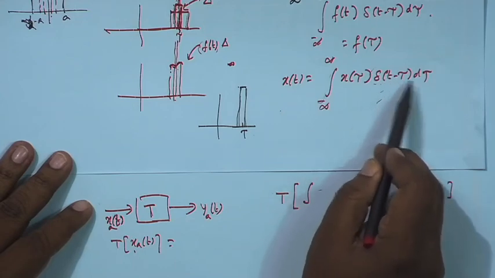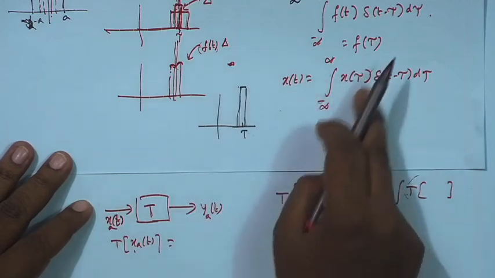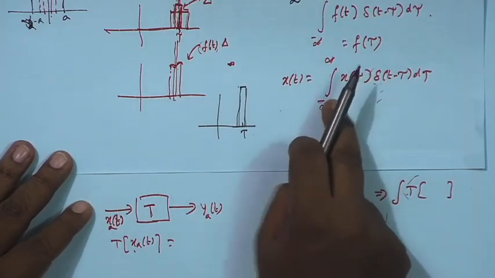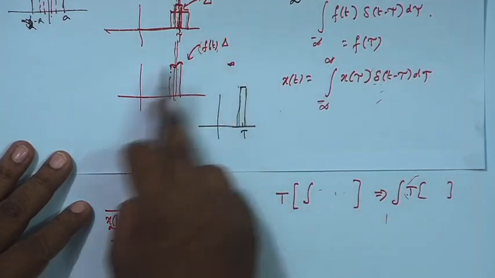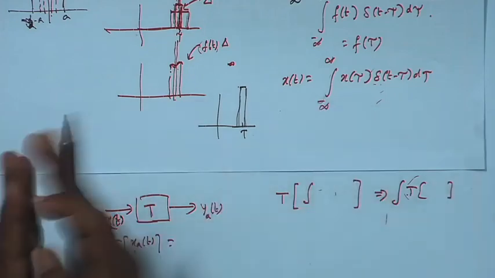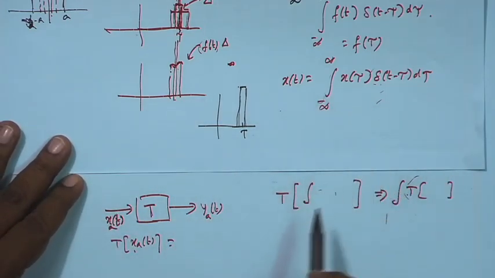So, delta t minus tau, for each tau in this integral there will be a shifted delta multiplied by a constant x tau, amplitude factor x tau. So, x tau times one delta shifted by tau, but tau is varying continuously. So, we will have shifted delta all over continuously, and this if I pass through a linear time invariant system.